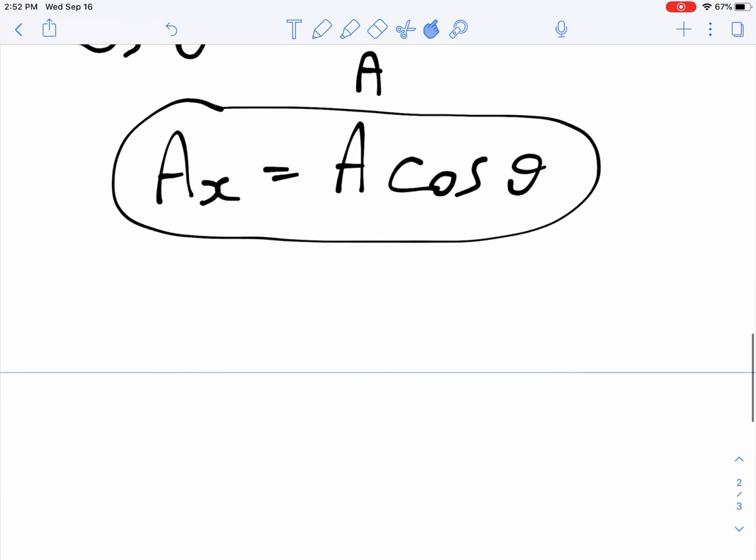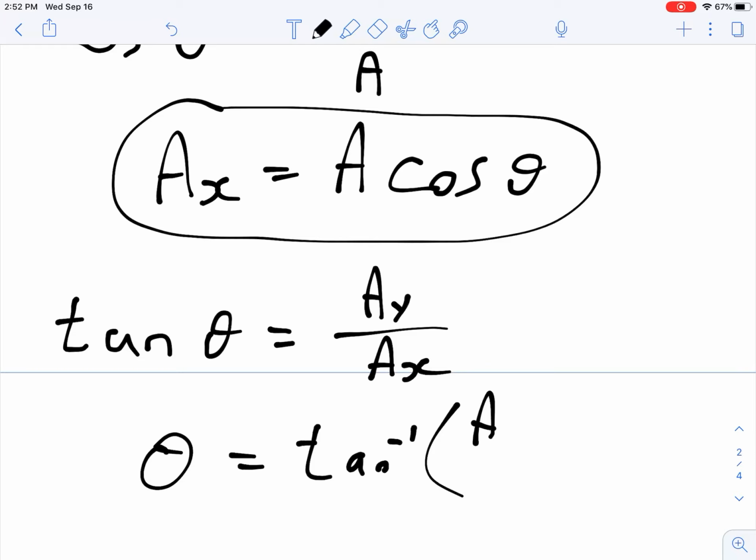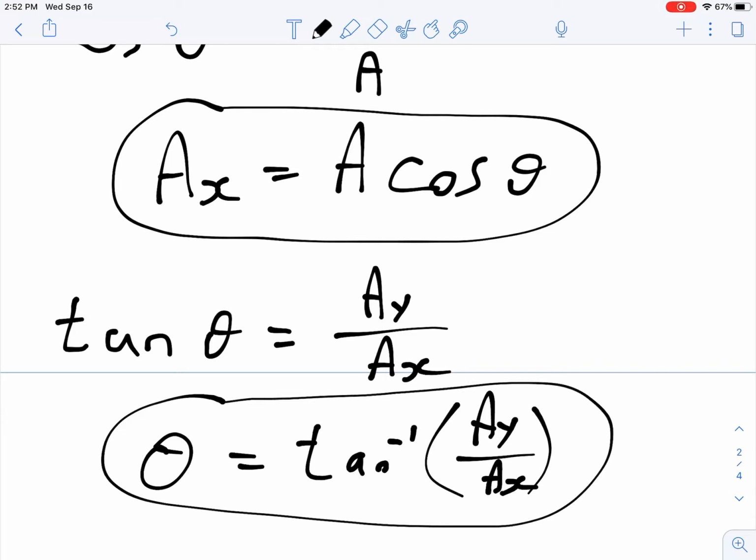What does TOA give to us? Well, the tangent of the angle is defined as the opposite over the adjacent. So if I want to, I could calculate the actual direction of that vector by taking the inverse tangent of the opposite over the adjacent. And that gives me a method for calculating the direction.